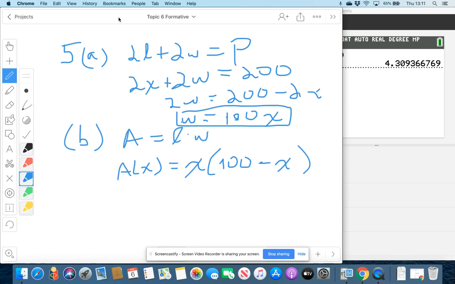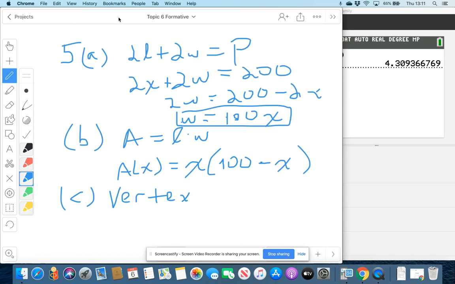Violetta wants to maximize the area of her garden. So what you have to do is use the vertex for this point. Where is the vertex? Again, it's at x equals negative b over 2a.